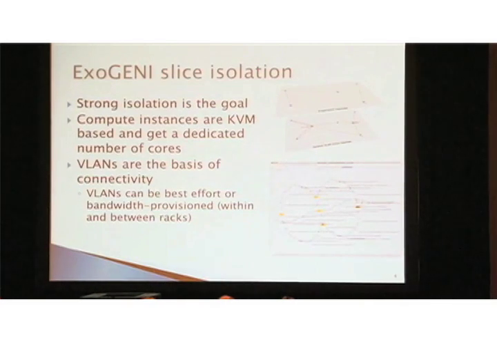We work very hard on providing performance isolation at the VLANs whenever possible. That's not always possible right now, but we will continue working on it so that you can have repeatable experiments that involve resources from one rack or perhaps from multiple racks.